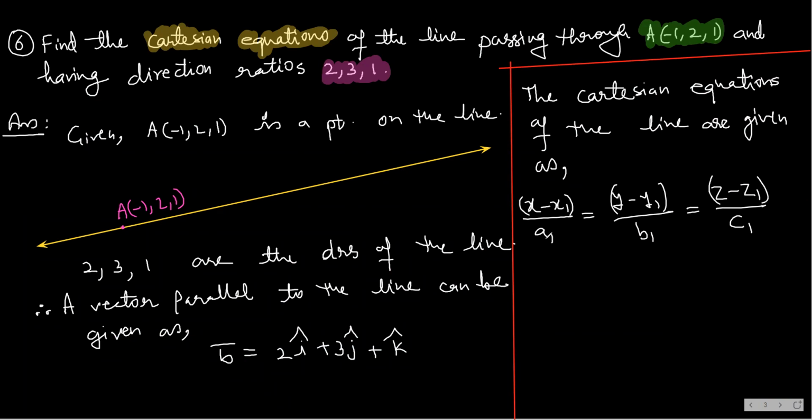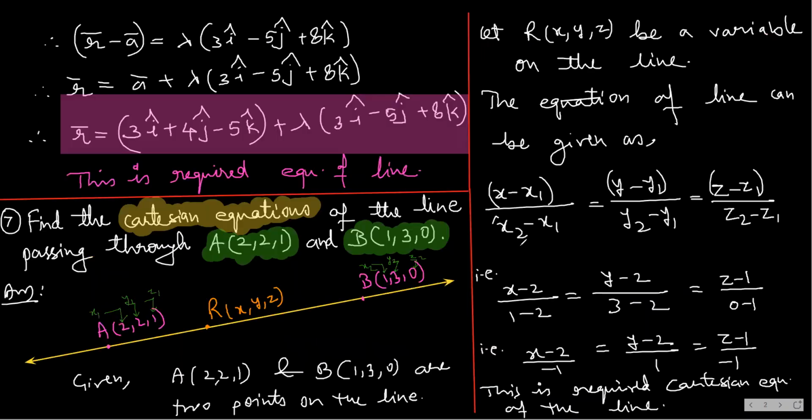Here in the denominator, you have a1, b1, c1, which are the DRs of the line. 2 is a1, 3 is b1, and 1 is c1. In the previous case, when we had 2 points, we did not have a1, b1, c1. Instead, we had x2 minus x1, y2 minus y1, z2 minus z1.